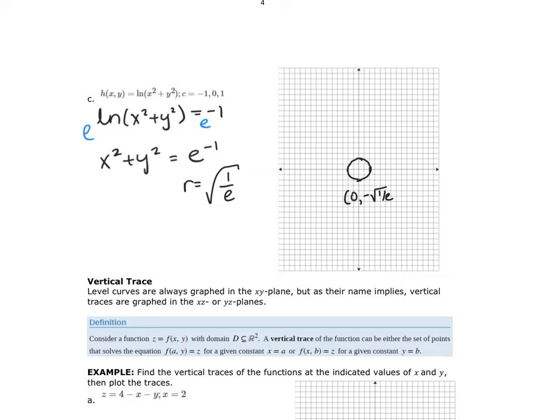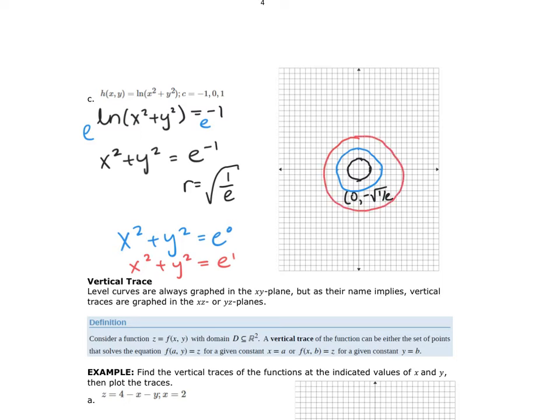Now, when I do this again, I'm going to have x squared plus y squared is equal to e to the 0. So this is 1. So let's have this be 1. So here's this one. I'm going to do this again where I've got the 2. So I have x squared plus y squared is equal to e raised to the 1. And so there's my last one.